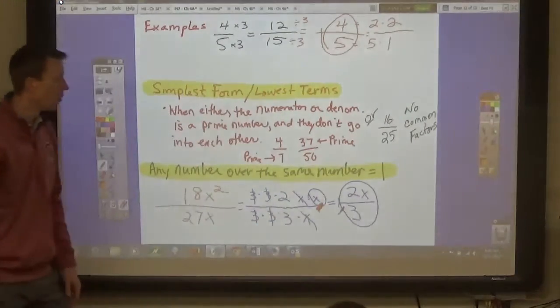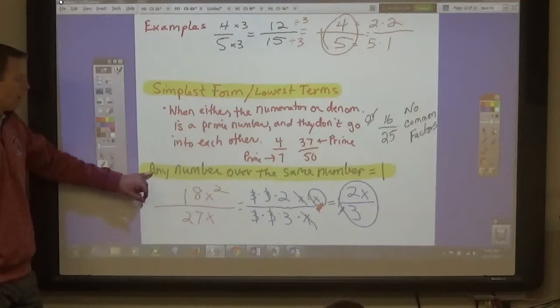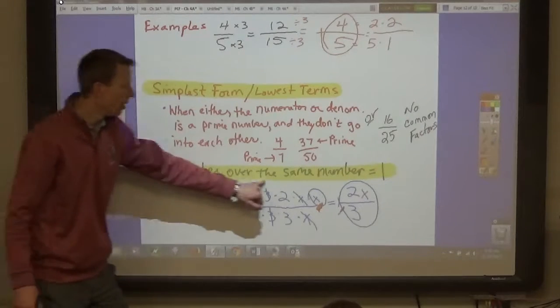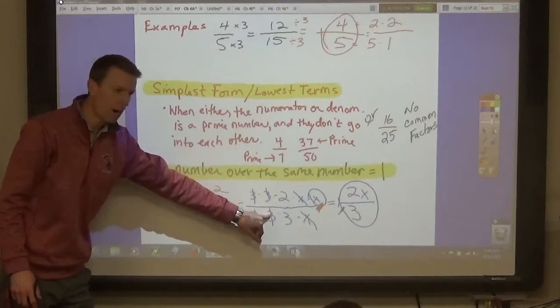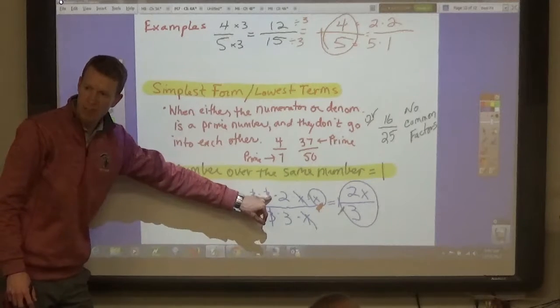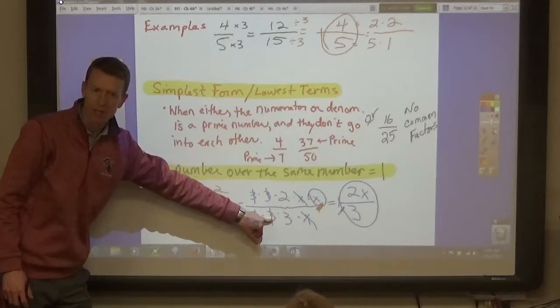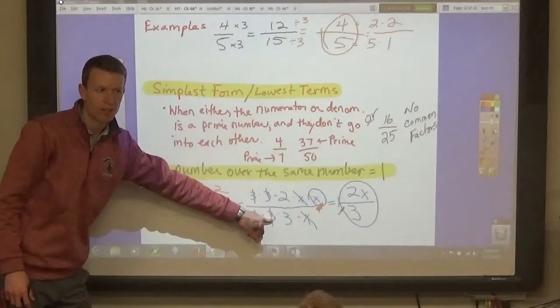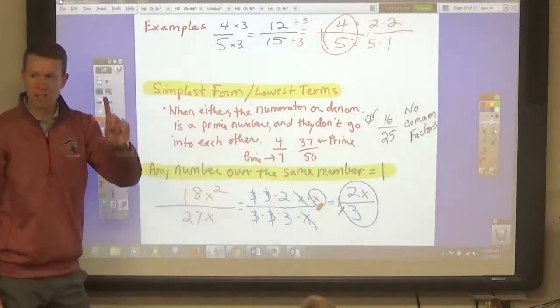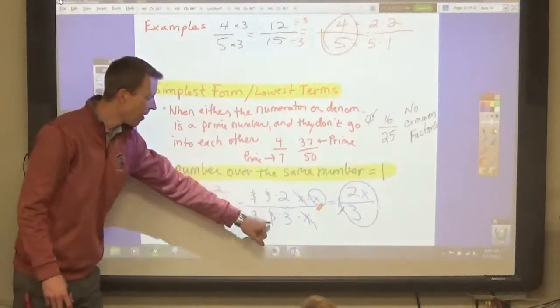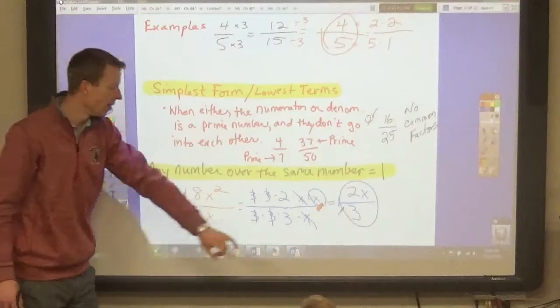Now, the point here is that when you have the same number on the top line as the bottom line, what do they equal? 3 divided by 3 is 1. 3 divided by 3 is 1.